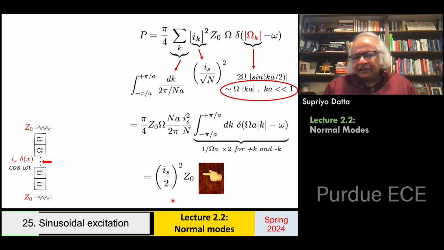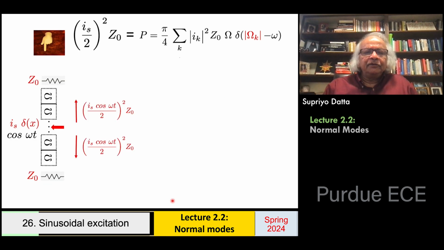But this is a result you could have kind of seen without going through all this, without going through the idea of normal modes and all that. The way you could have seen it is something like this. You could have said, well, this Is cosine omega t, half of it goes this way, half of it goes that way. So what goes this way is dissipated in this terminating resistor.